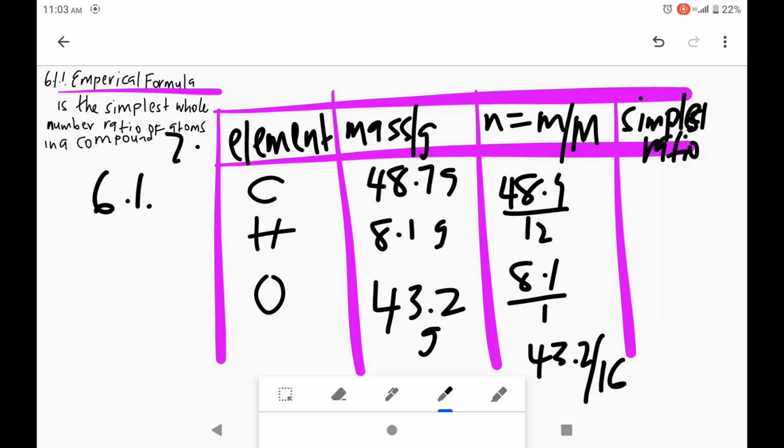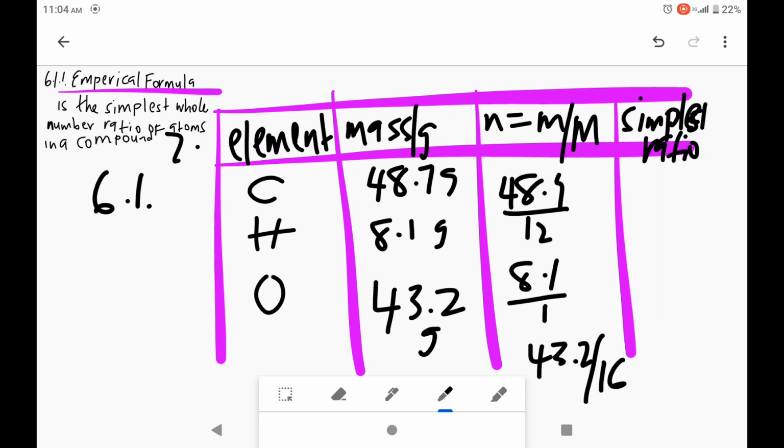When you check your periodic table, the mass of carbon is 12 grams. Mass of hydrogen is 1 gram. Mass of oxygen is 16 gram. So this is how you write your simplest whole number ratio.